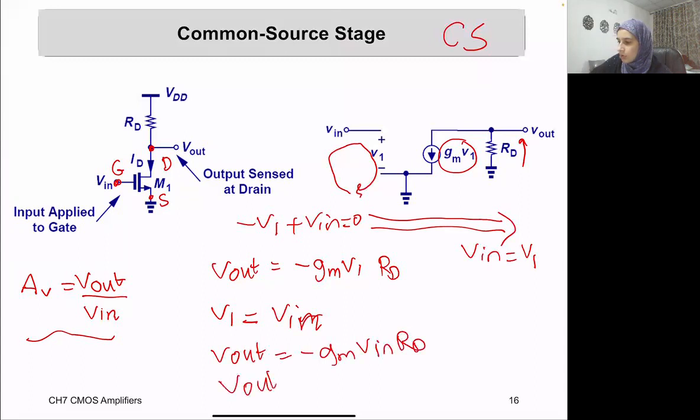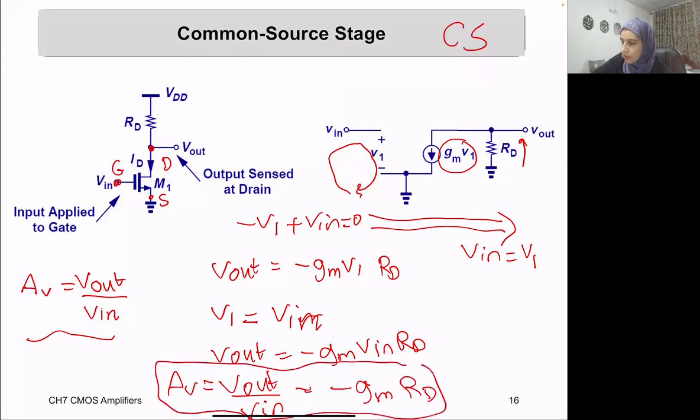So Vout over Vin, which is the gain, equals minus gm RD. So this is a very important relation. You need to know that the gain of the common source amplifier is equal to minus gm RD.